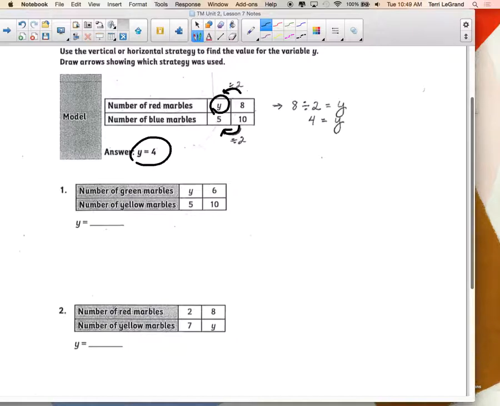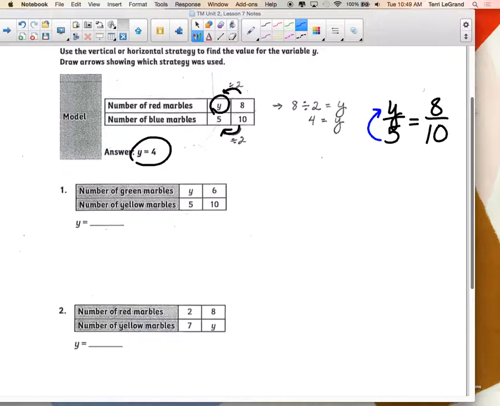So let's go over here off to the side and let's write this one again. Y over 5, and we can write it as a proportion, equals 8 over 10. In the table there, we used horizontal strategy. Is this a friendly one for vertical strategy? What do you think? In other words, we need to get from 5 up to y.